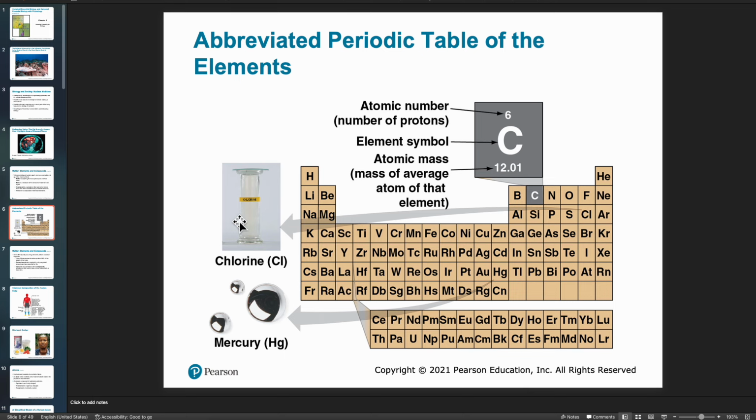Well, I would take the mass of 35, subtract 17, and that's going to give me 18 neutrons. Okay, so 17 protons, 18 neutrons adds up to the mass of 35 grams because protons and neutrons make up the mass. Okay, next slide.